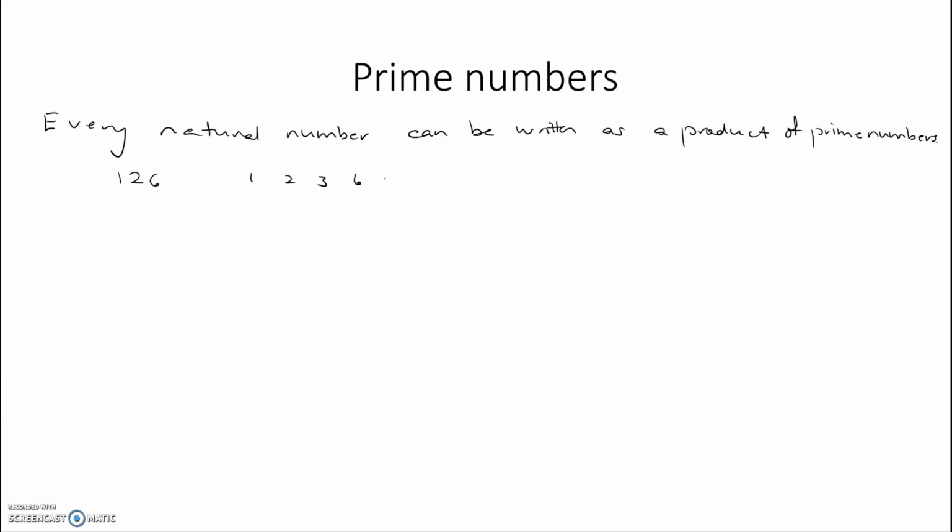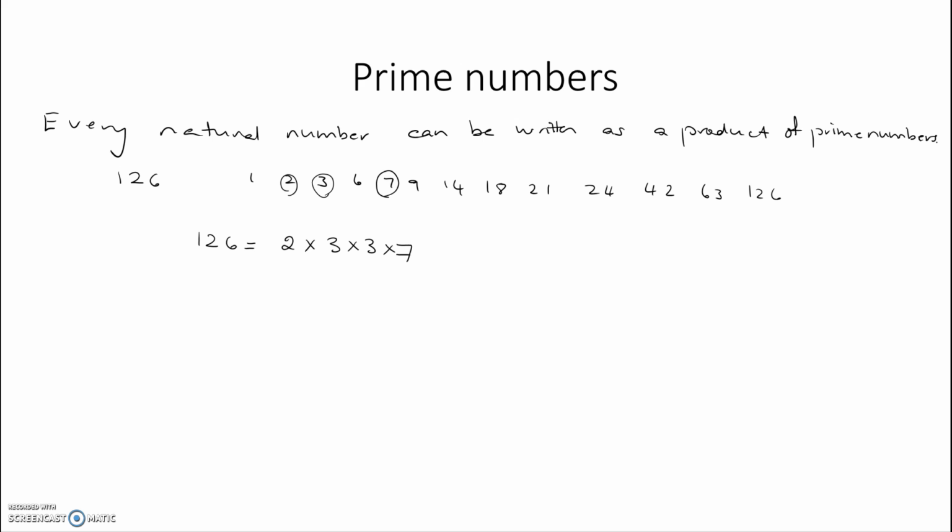Let's write them out. Of which 2, 3, and 7 are prime numbers. So we can actually write 126 as being equal to 2 times 3 times 3 times 7.